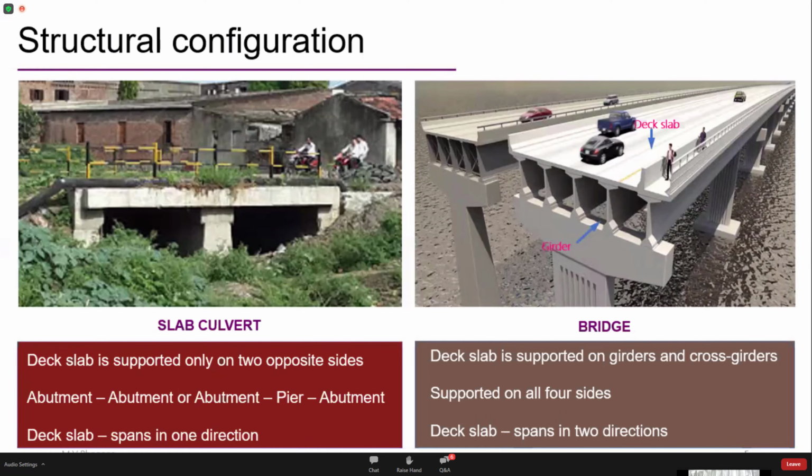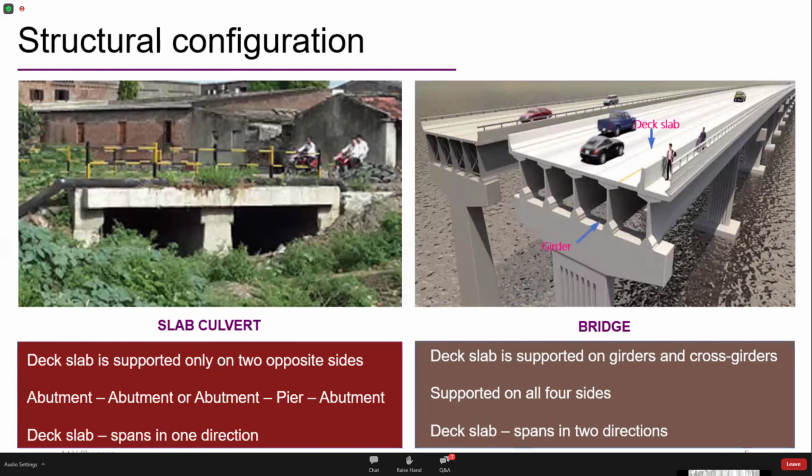Further highlighting the structural configuration of simple bridges and complex bridge structures, these are the things we notice. In case of a slab culvert, which is considered the simplest form of a bridge structure, we see that it simply consists of a slab which is freely resting on two opposite sides called the abutments.